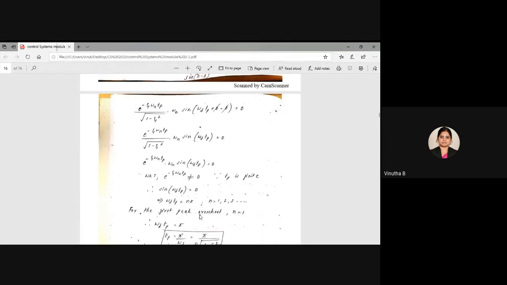For the first peak overshoot, when n is equal to 1, you will get the equation omega d Tp is equal to pi, and Tp is equal to pi by omega d, and omega d can be written as omega n into square root of 1 minus zeta square.